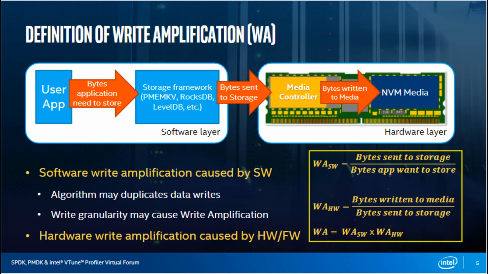There are actually two major sources of write amplification. The first one is software, so we might have write amplification on a software layer, and the second source is the hardware layer. To illustrate this, I prepared a simple picture above.